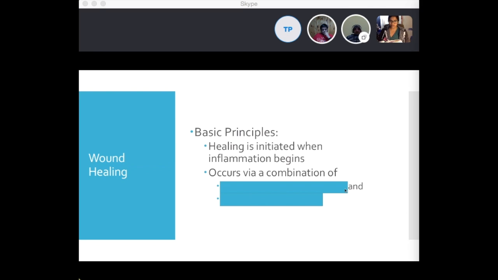Anyone know what these two things are? Like remodeling? Is that what you're trying to ask? So it can either do one of two things. It can either replace with more of itself or replace with a scar.